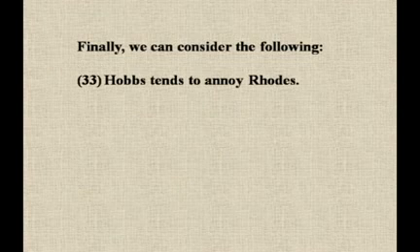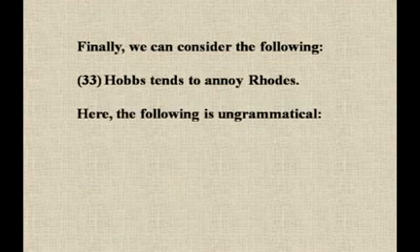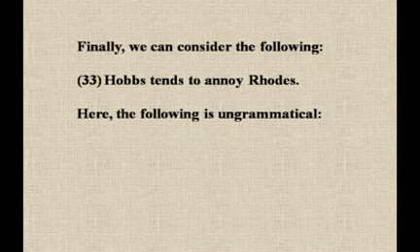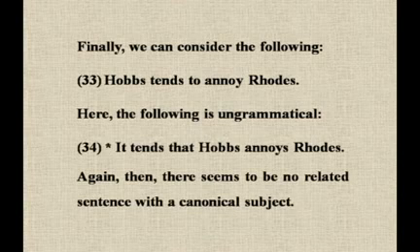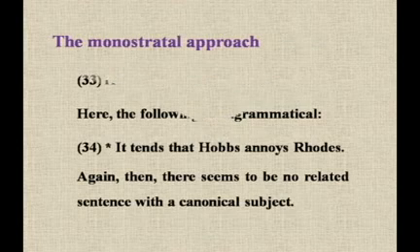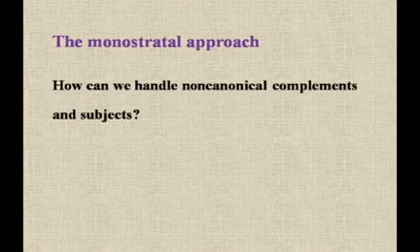Hobbs tends to annoy Rhodes. Here, the following is ungrammatical. 34. It tends that Hobbs annoys Rhodes. Again then, there seems to be no related sentence with a canonical subject. The monostructural approach. How can we handle non-canonical complements and subjects?